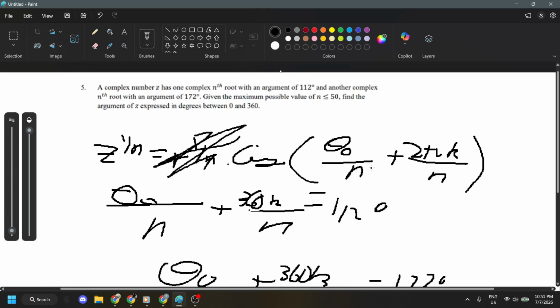Because then we just have theta plus k, and then we can get each of the... Yeah, oh, what am I saying? It's less than, not greater than. So less than 50.